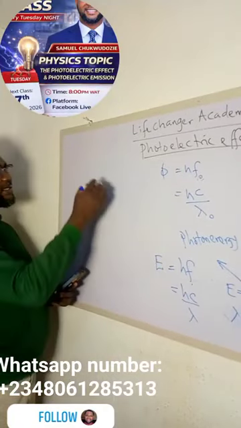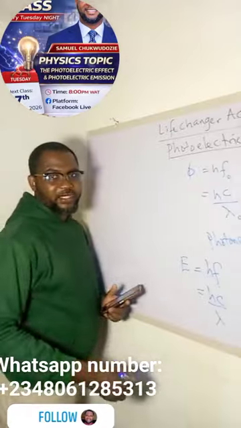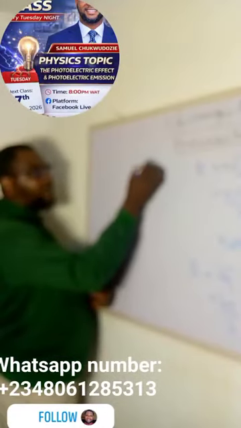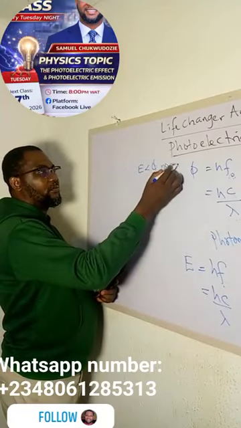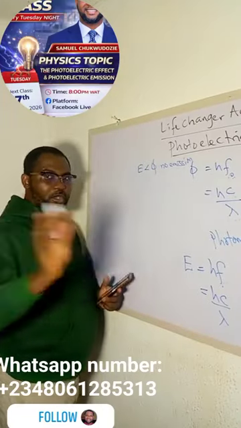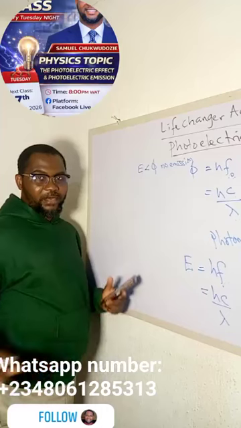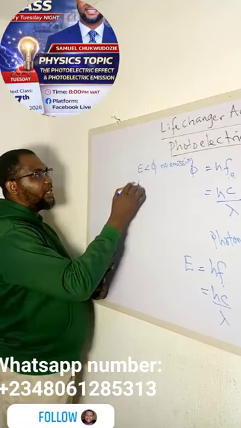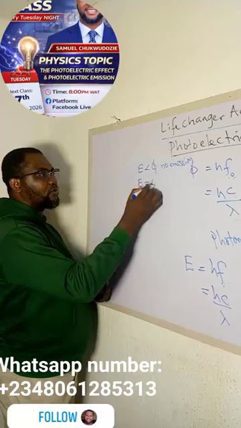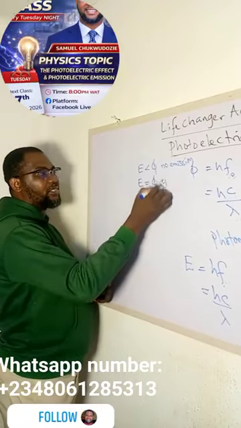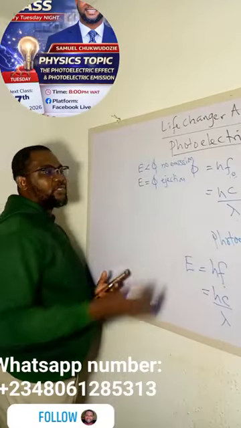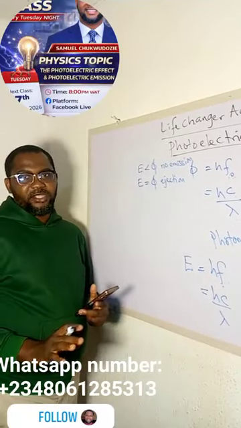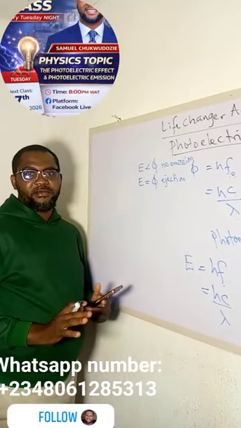Remember I said earlier, and I'm going to repeat myself, that if the energy of the incident light is less than the work function, there will be no emission at all. Nothing will happen because it's not enough to cause an emission. If the energy of the incident light is equal to the work function, then there will be ejection. Ejection simply means that the energy is sufficient to move it.